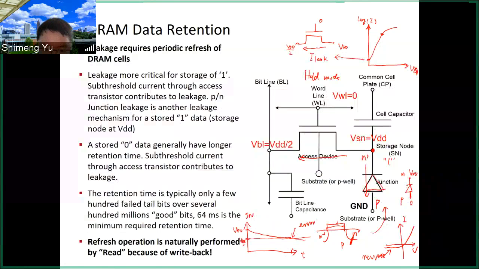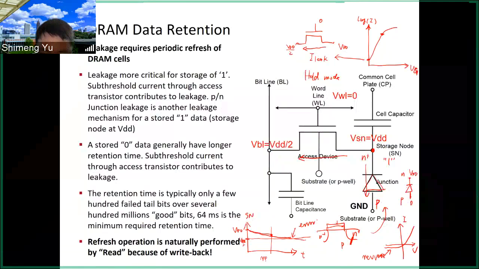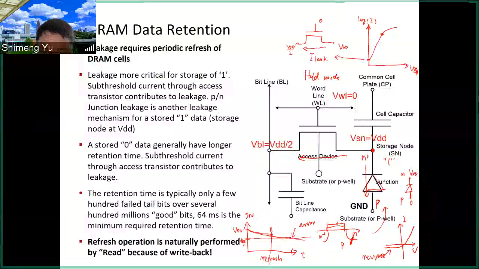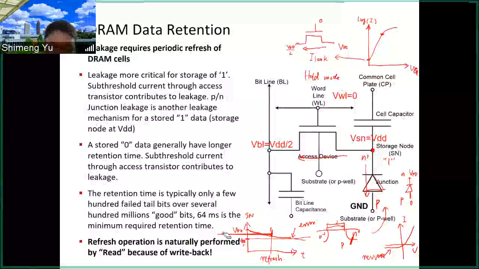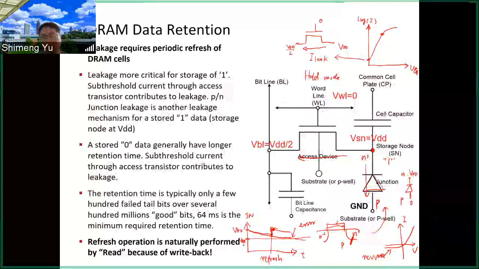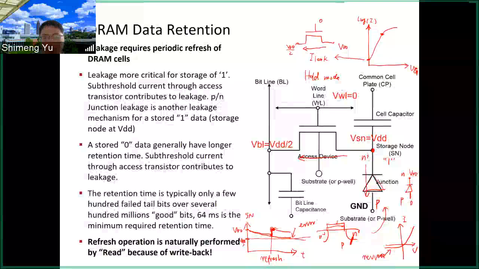So for example, when this decay happens to here, maybe, then we need to do the refresh at this moment to bring back the voltage to be VDD. Then it will start to decay again. But before it reaches this error state, we have to do the refresh.